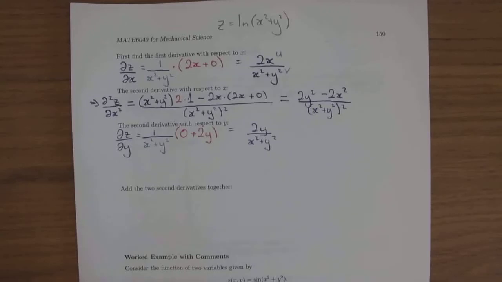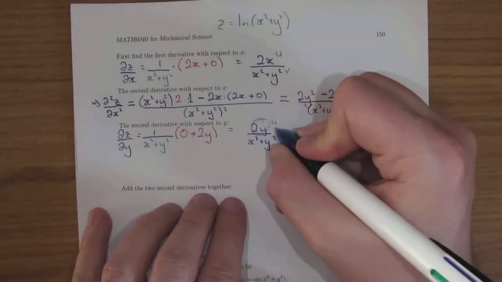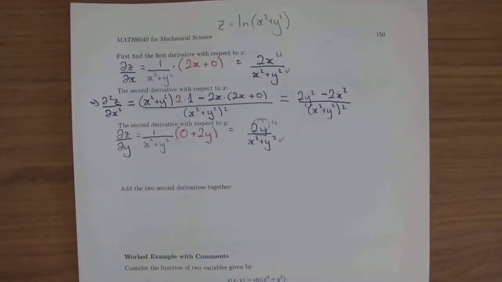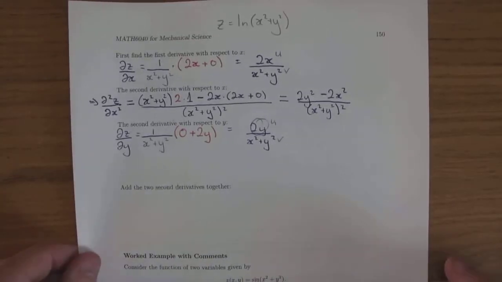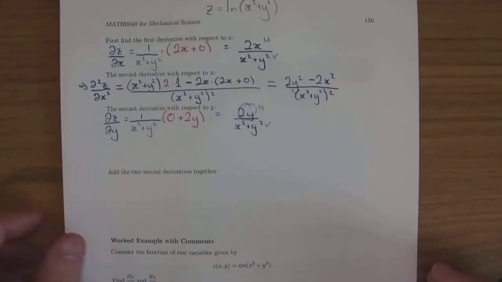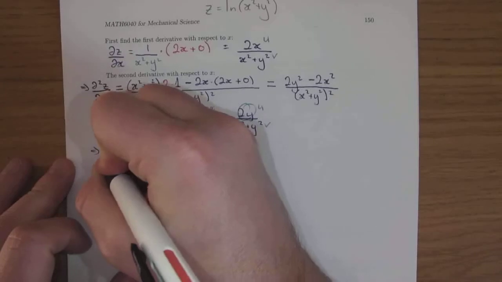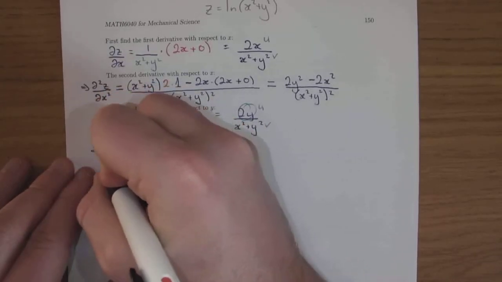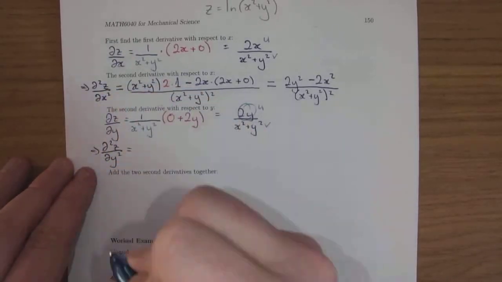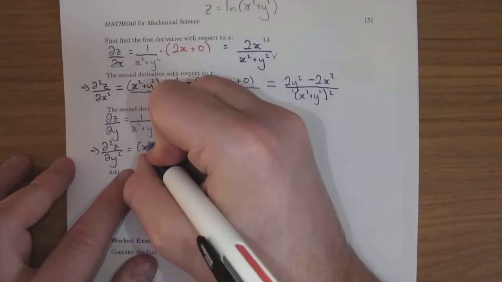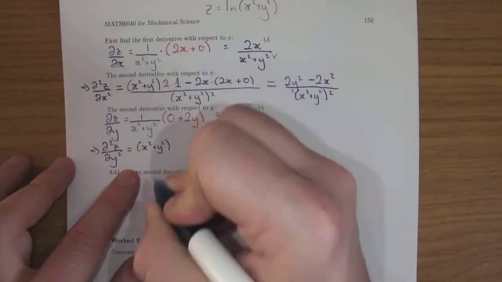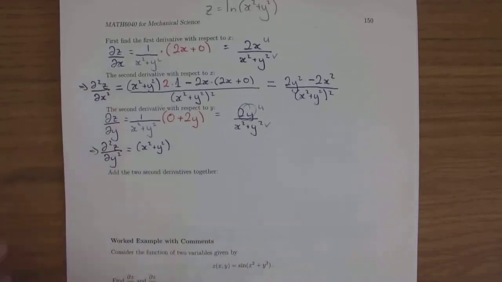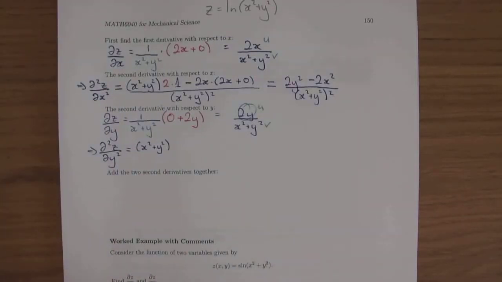It's a function of y divided by a function of y. So if I want to differentiate it with respect to y, I need to use the quotient rule. The quotient rule says the derivative is the bottom times the derivative of the top. Now I want to differentiate 2y with respect to y.